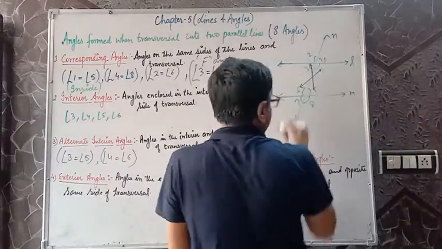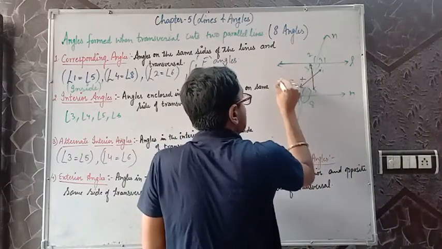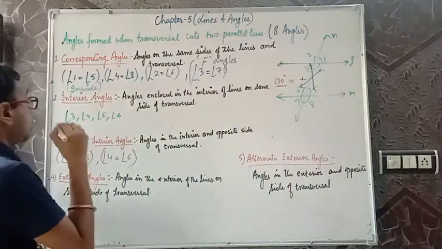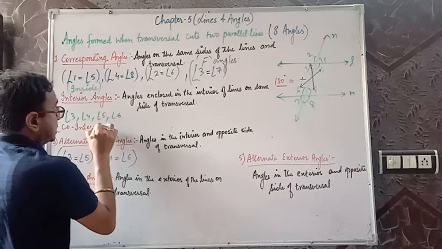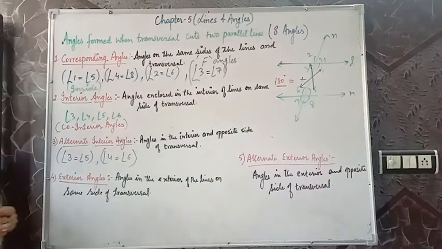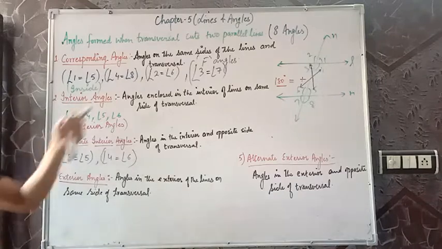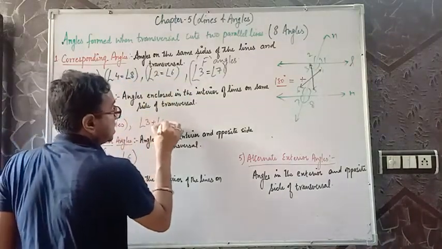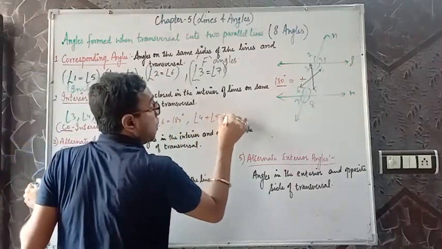It means 3 plus 6 will be equal to 180 degrees. This is also known as co-interior angles. Co means corresponding interior angles, because they are on the same side. Angle 3 plus angle 6 is 180, and angle 4 plus angle 5 is 180.